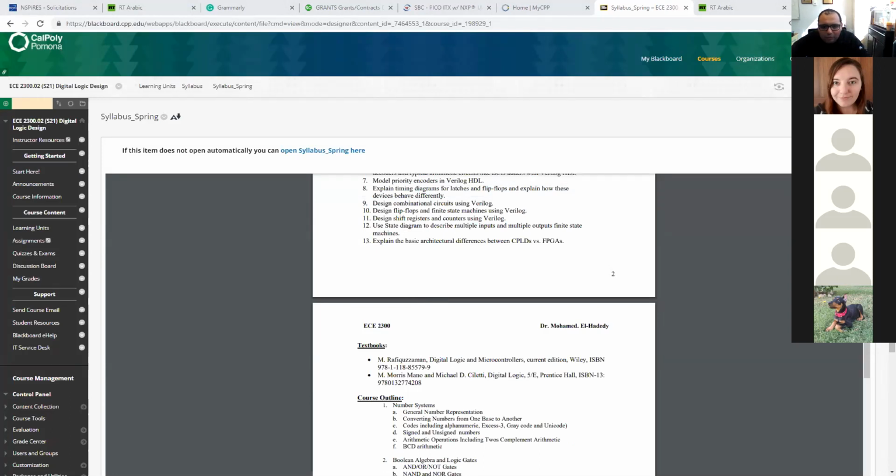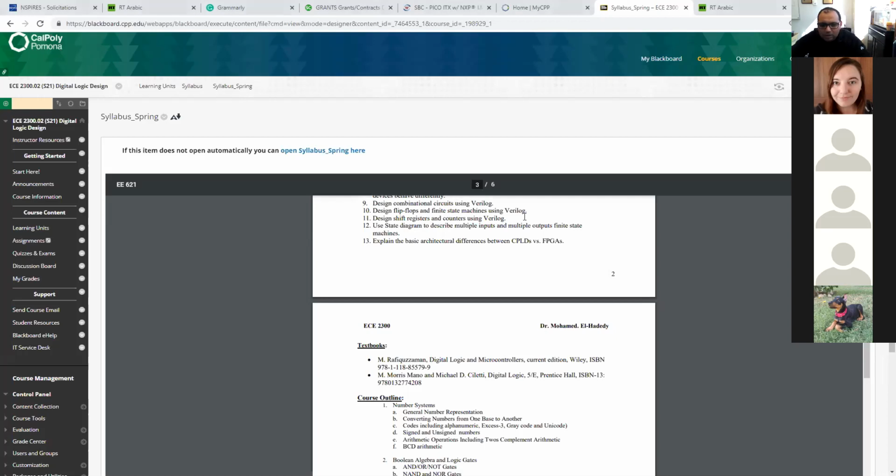What type of books are we going to use? What type of materials? There are two different materials. And to be honest with you, there are an infinite number of materials you can find on the internet. Digital logic design has been well known for decades. I'm not inventing something new. Maybe I can teach you some tricks I made, but it is something that exists. It's like 1 + 1 equals 2.